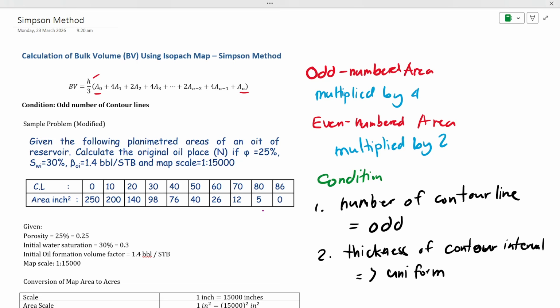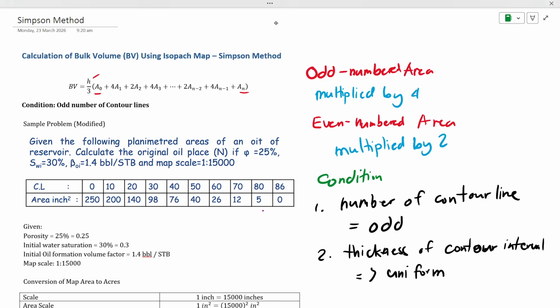Now let's focus on the sample problem, particularly the given contour levels and their corresponding areas in inches squared. If you want to use the Simpson method, the first thing you need to do is to know the number of contour lines.